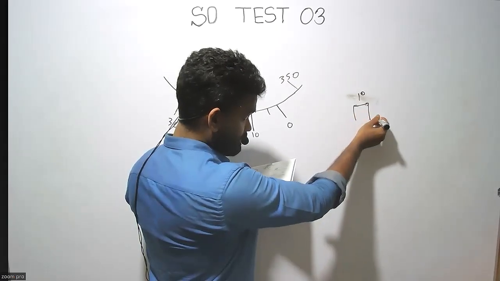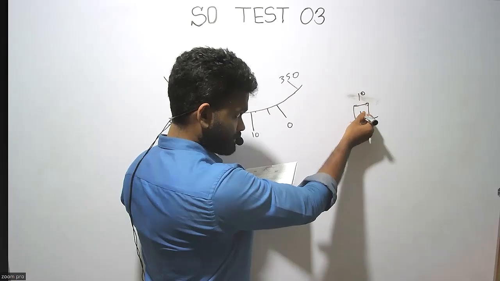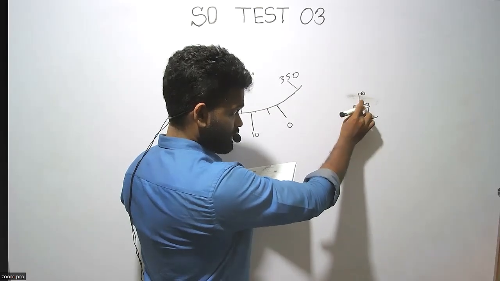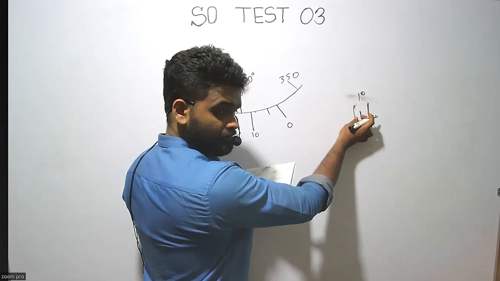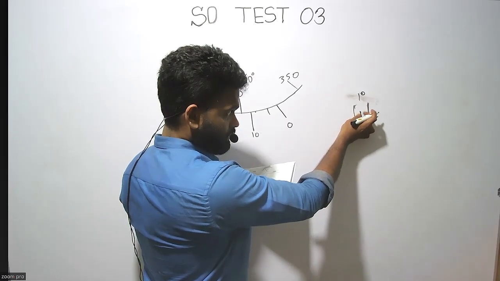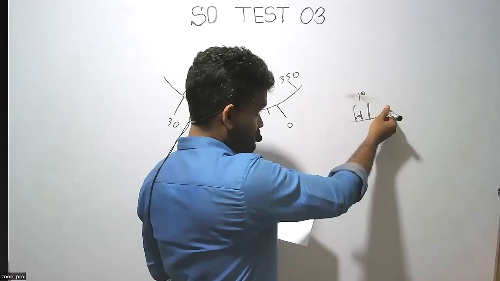It is divided in half by a small, shorter line, right? So this gap is 1 degree. When you divide by half, this is half a degree. So that is the main scale.